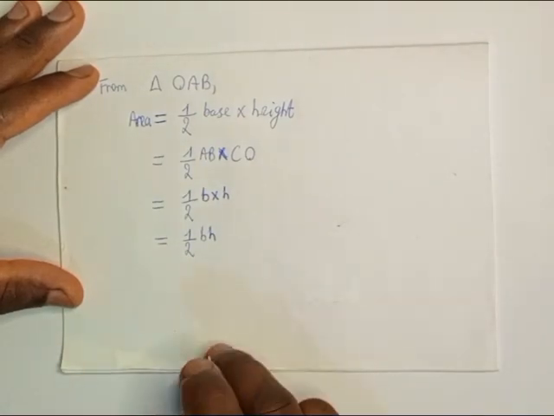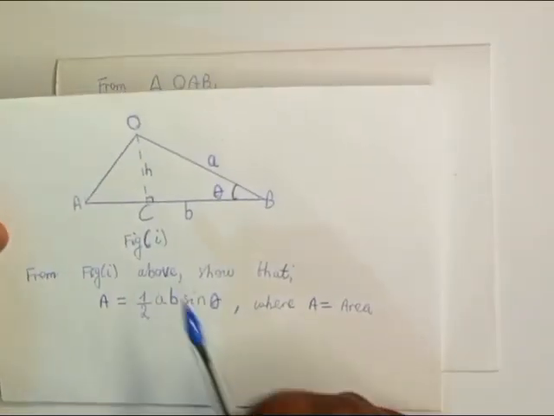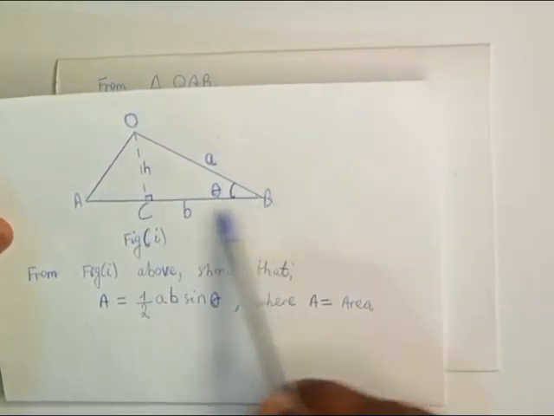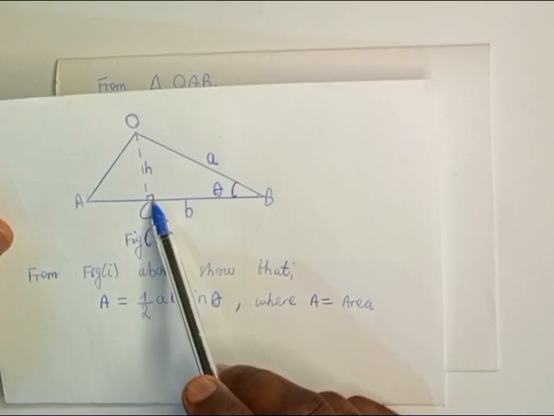Next, we have to find H. Looking at our triangle, you'll see that triangle OCB is a right angled triangle.